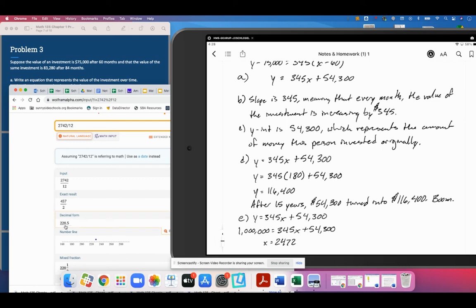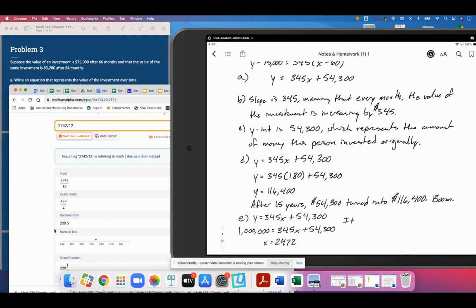We get 228 years. So if the person were to leave this invested for 228 years, it would turn into $1 million. Probably not the fastest growing investment I have seen. But again, they put this money in there, they do nothing. They have $1 million after 228 years, a couple generations later.